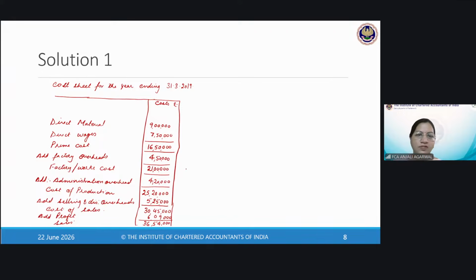This is your cost sheet together with the statement of profit, right? You may also bifurcate. You may prepare a cost sheet, so your total cost of sales will come out to be 30,45,000. And after you have prepared the cost sheet, you may prepare a statement of profit separately.